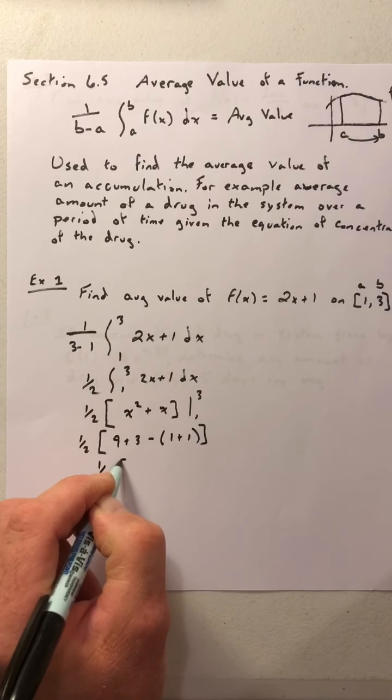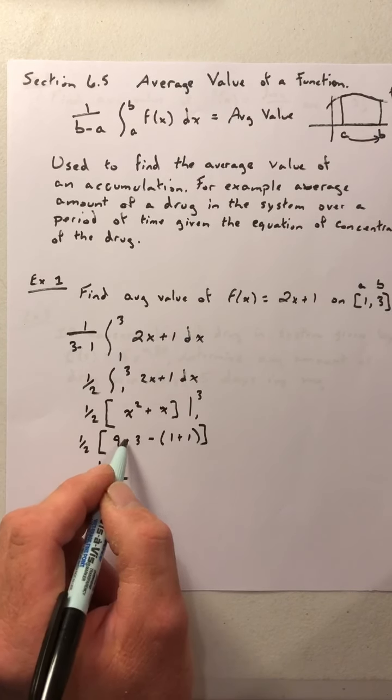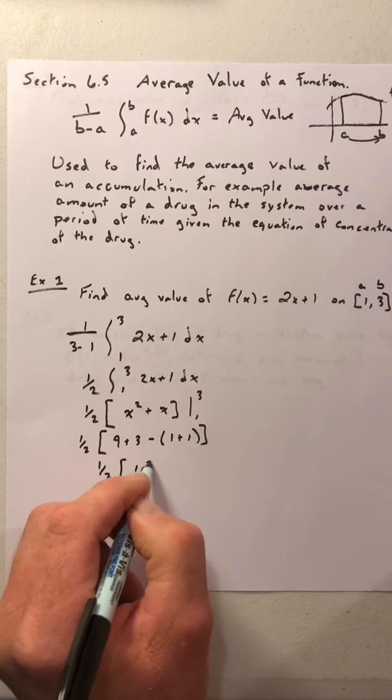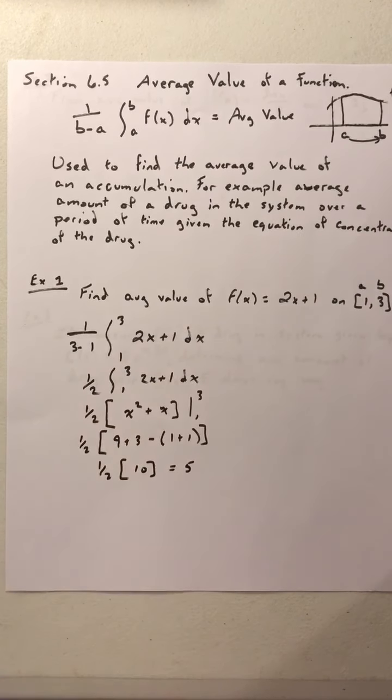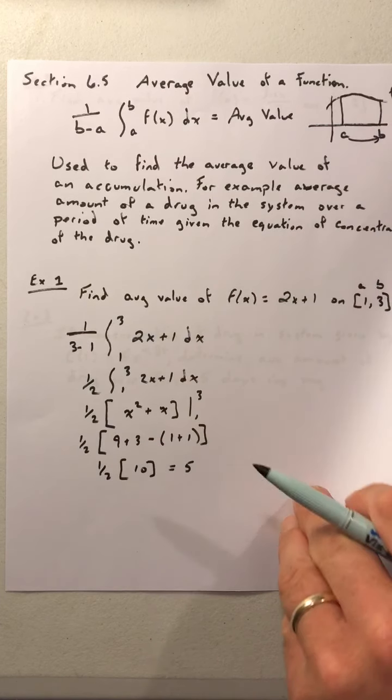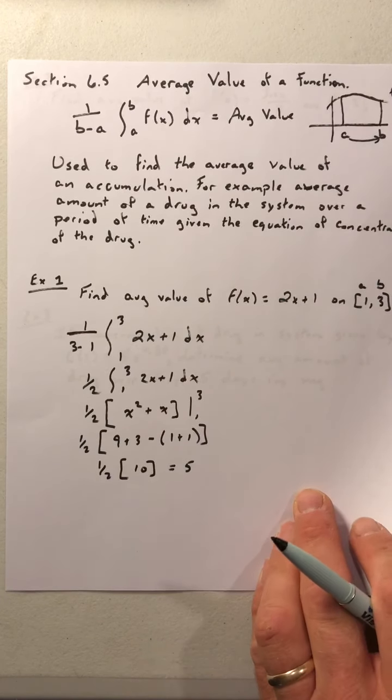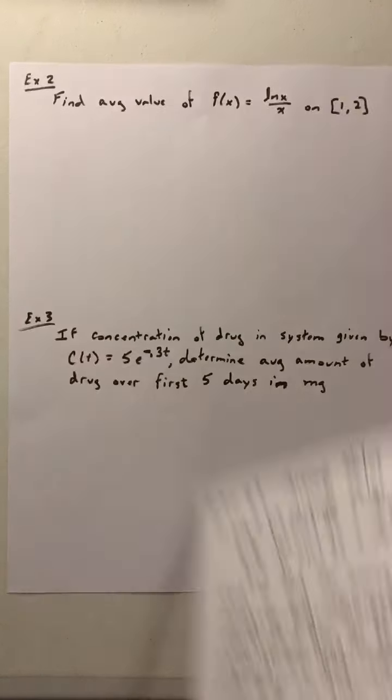So I get 1/2 of 9 plus 3 gives me 12, minus 2 gives me 10, so that gives me 5. And that gives us the average value of the function 2x plus 1 on the interval 1 to 3.